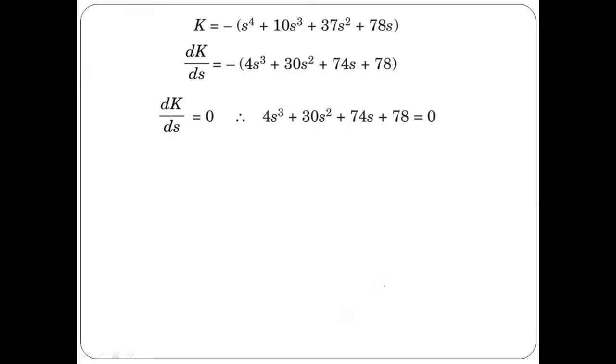You will get this equation as an output, and then apply a factorization technique to calculate the valid breakaway point. Finally, s equals minus 4.2 is a valid breakaway point. Why? Because if you put s equals minus 4.2 in this equation, you will get k as positive.